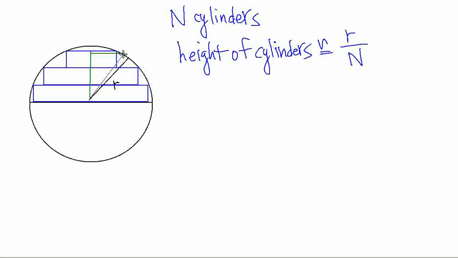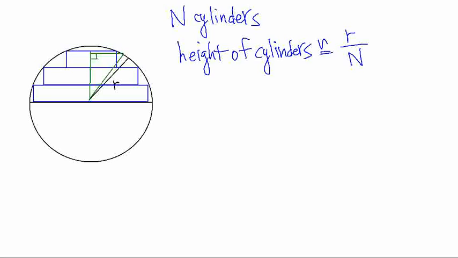Okay, so that green triangle will give the radius of the third cylinder. The hypotenuse of that green triangle is r. The short leg of that green triangle is approximately the radius of that third cylinder.